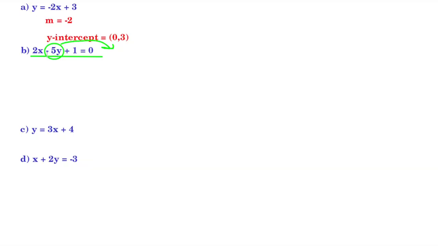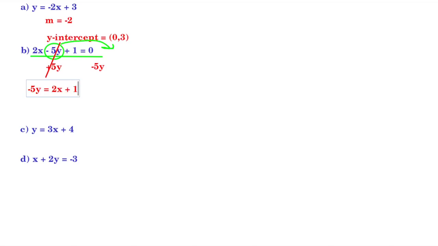Or simply, since it's minus 5y, we can just add 5y on both sides of the equation. If we do that, this one is going to go away, and you'll be left with 0 there. Then you have negative 5y equals 2x plus 1.